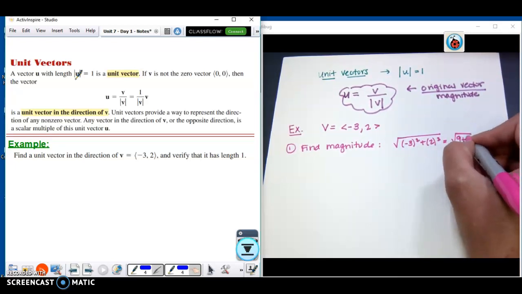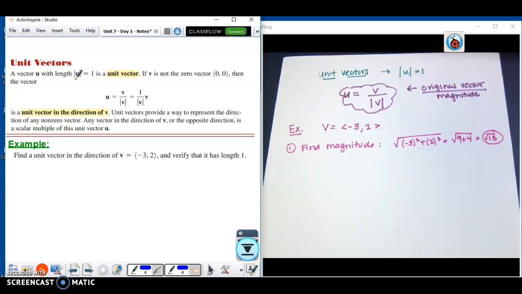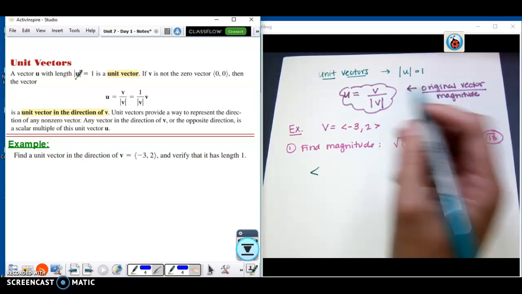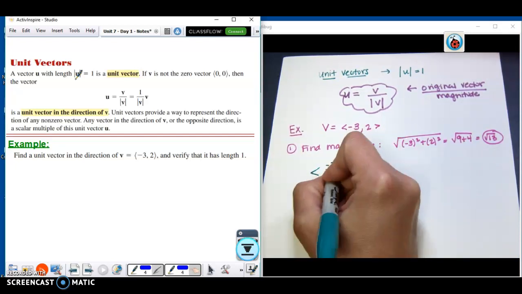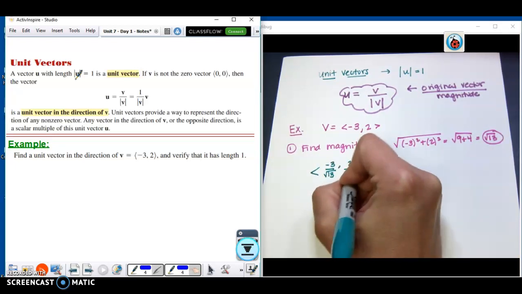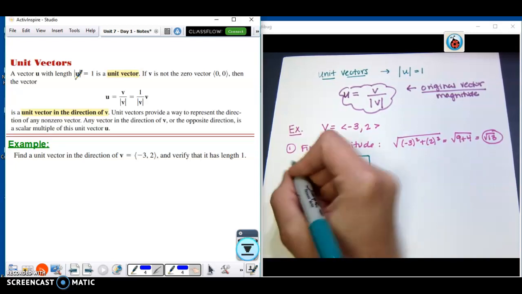That'll give us the square root of 9 plus 4, so the square root of 13. Then to actually write your unit vector, you're going to write your original vector. The original vector was -3, 2, but underneath the -3 and the 2, you're going to put what your magnitude is. So this right here is your unit vector u.